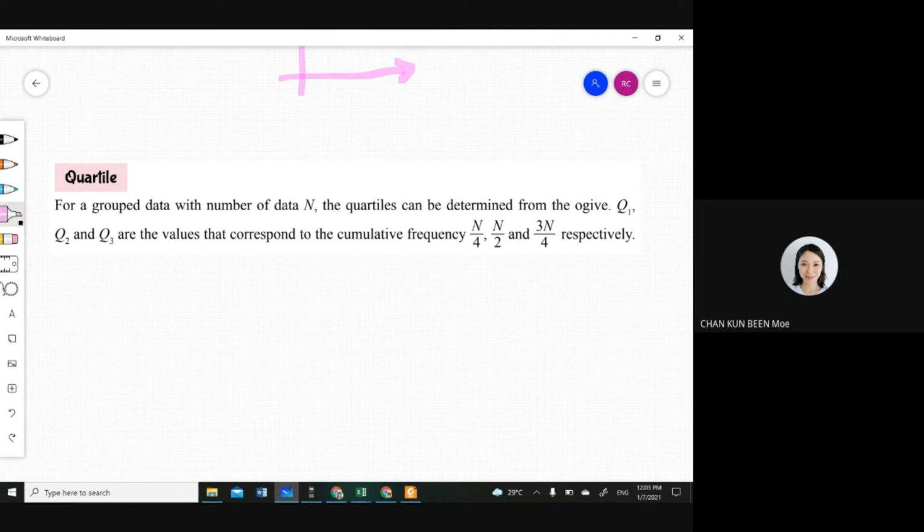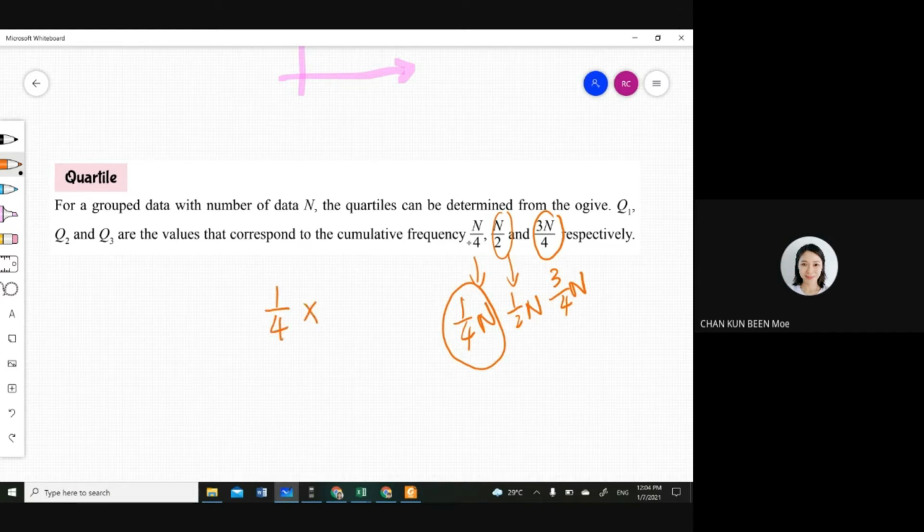So N over 4 over here is 1 over 4 times N, and then N over 2 means 1 over 2 times N. This one, same thing, 3 over 4 times N. So when you want to find the first quartile, it's actually 1 over 4 times the total frequency. The total frequency over here refers to N.